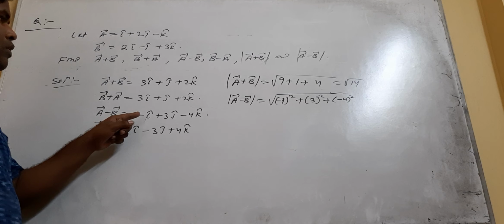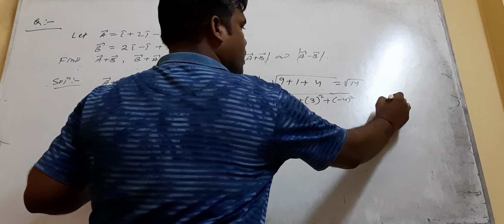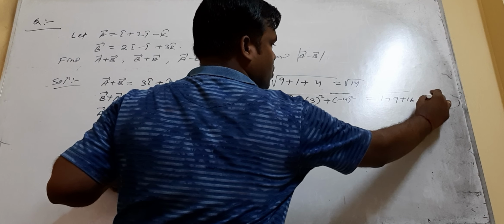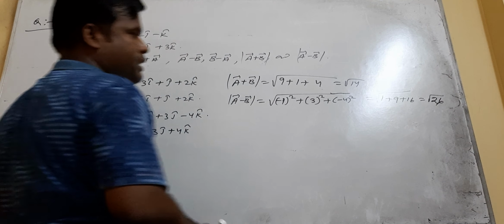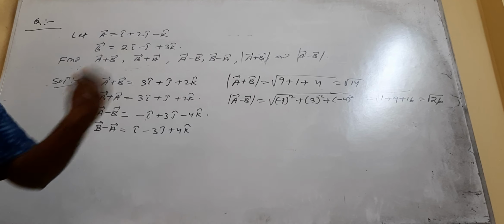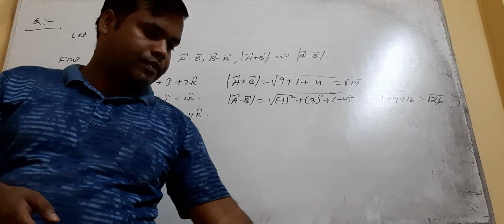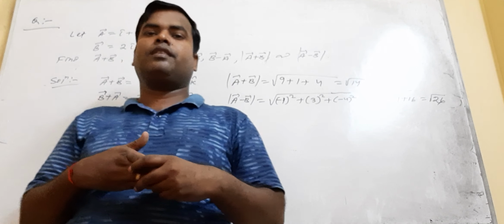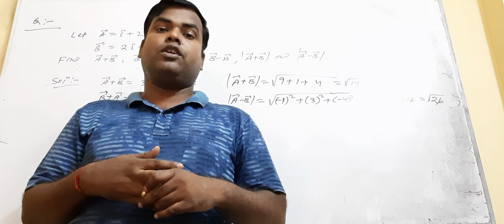So this is equal to 1 plus 9 plus 16, that is root 26. Similarly, you can find the b vector minus a vector magnitude. The same, root 26, you will get. So in the next class we will learn about the dot product.